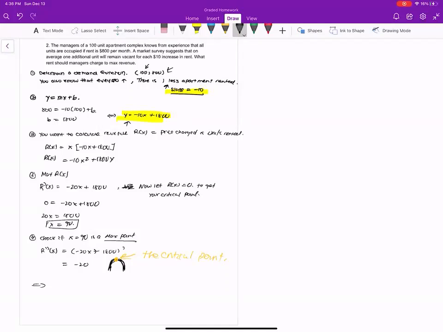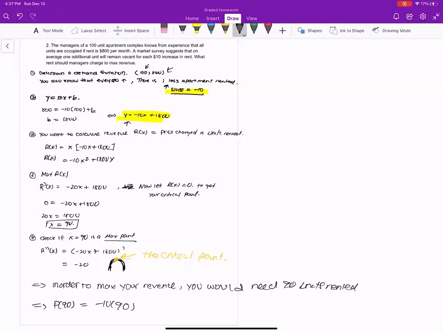Therefore, in order to maximize the revenue, you would need 90 units rented, and the price that you get is p of 90.